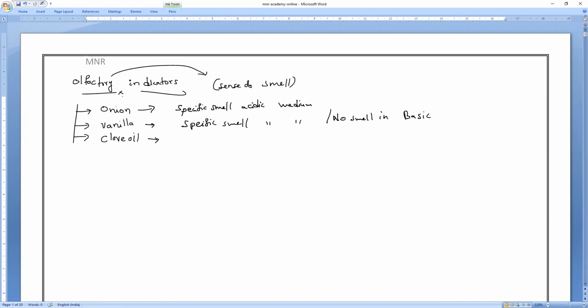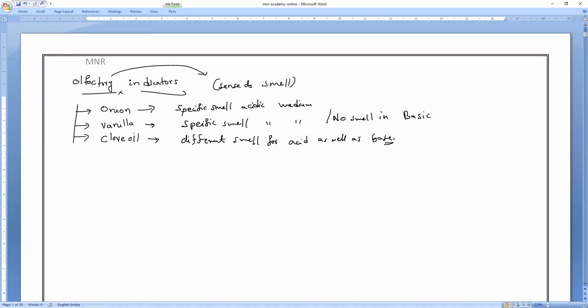Next, clove oil is different from onion and vanilla. Clove oil has a different smell for acid as well as for base. So a different smell for acid and a different smell for base.